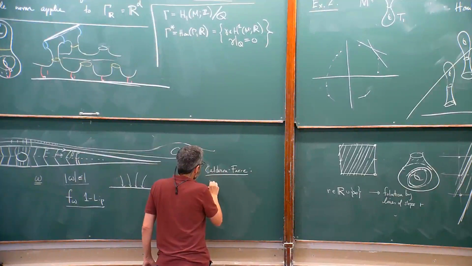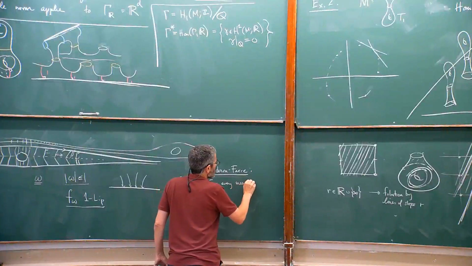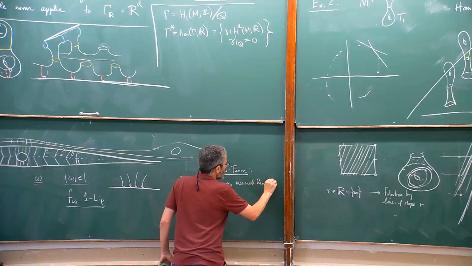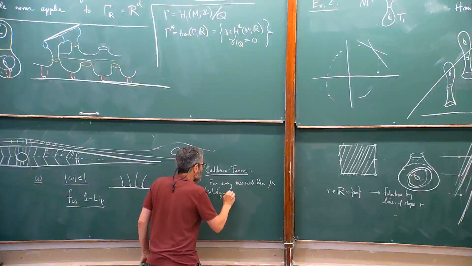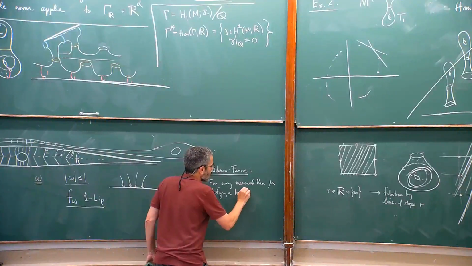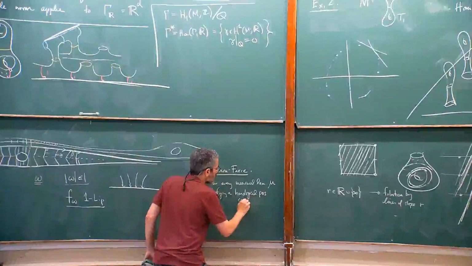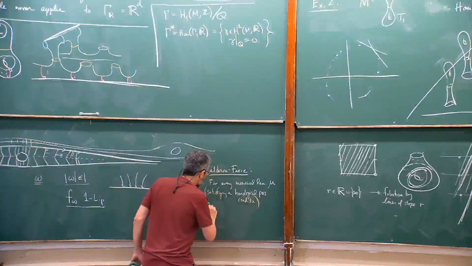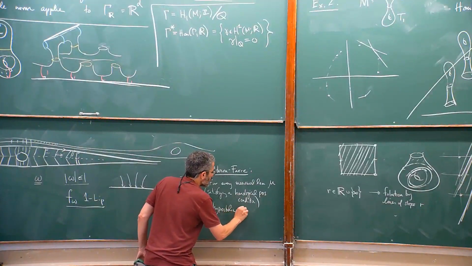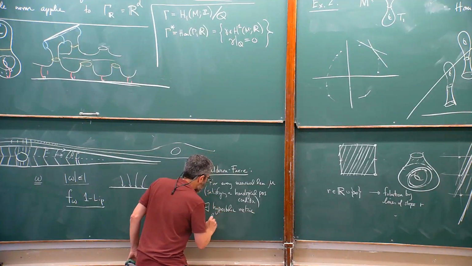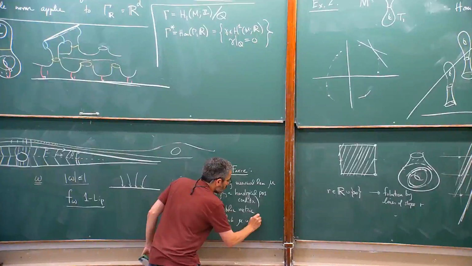Let me say it kind of informally: for every measured lamination mu satisfying a homological positivity condition, which I won't write down, there exists a hyperbolic metric for which mu is a stretch locus for one of these functions.